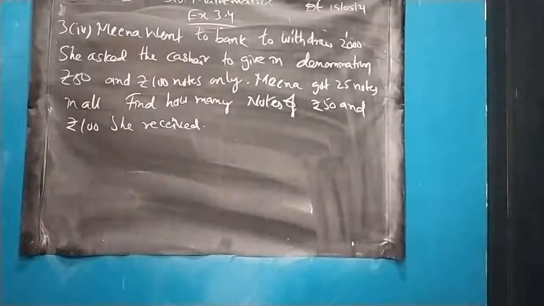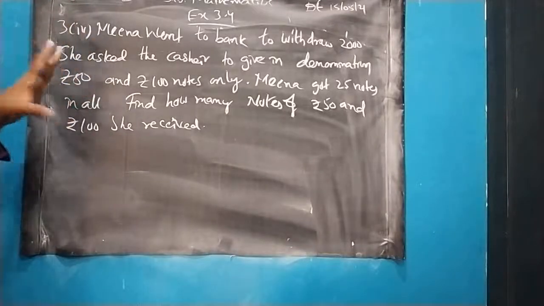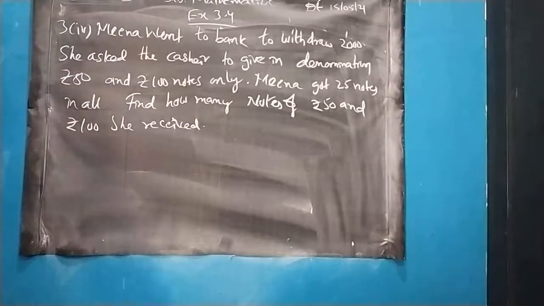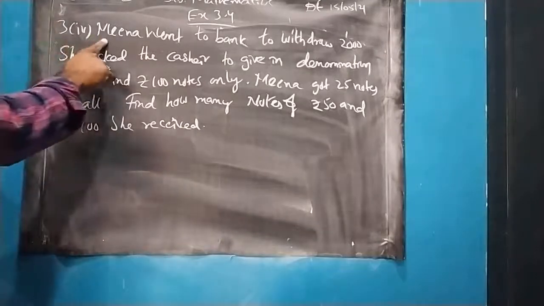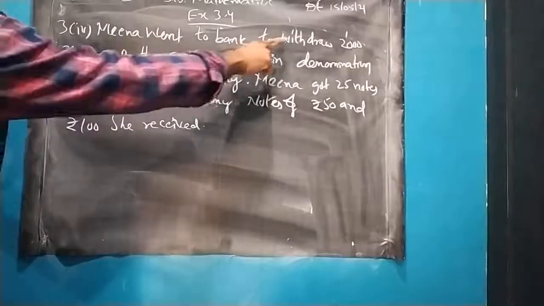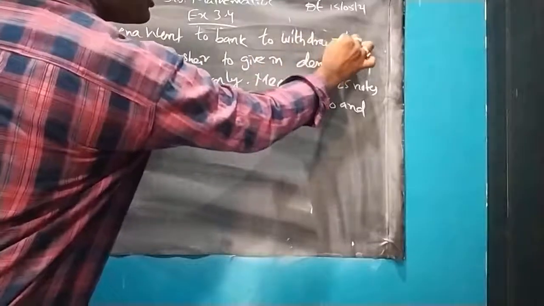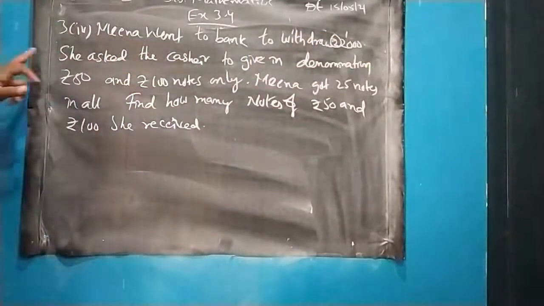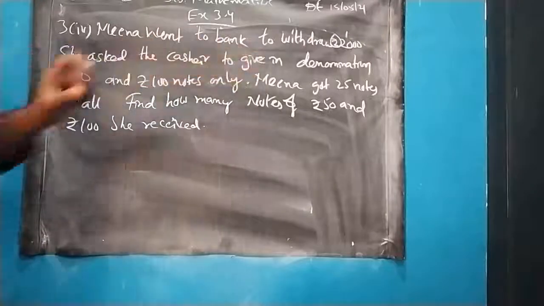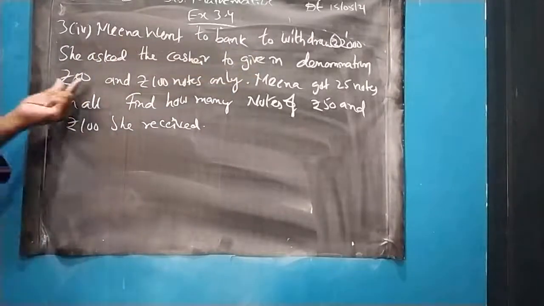Next, let us see this fourth question, third bit fourth. All the questions which are coming in this chapter will be real life questions, what we are experiencing in our real life. Meena went to a bank to withdraw rupees 2000. She asked the cashier to give the denomination in terms of only 50 rupees and 100 rupees notes.